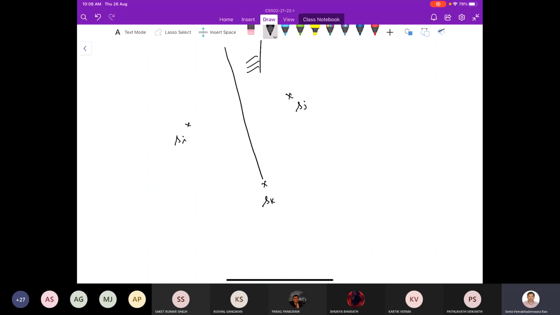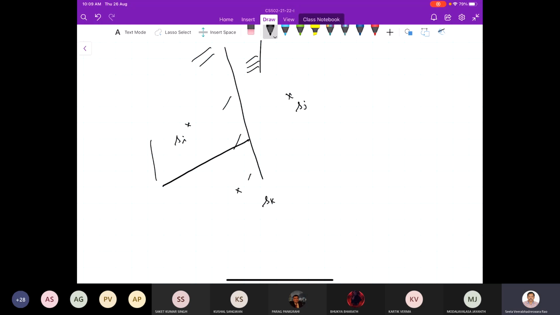Let's keep it slightly this side. Here, all the region on this side of this bisector is closer to SI than SJ. Now you take a bisector between SI and SK. It will be something like this.